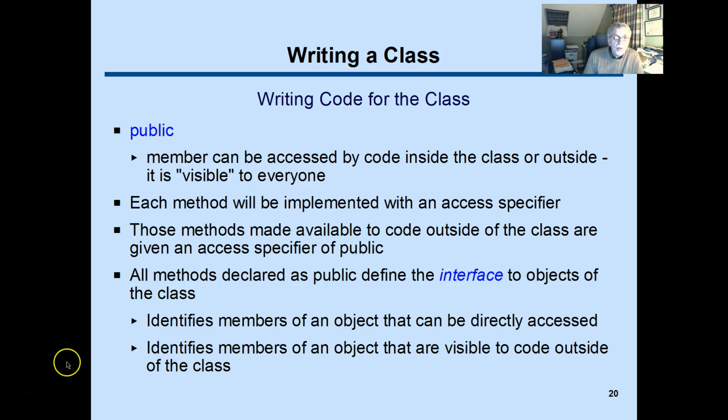So writing the code for the class. Here's again the public versus the private we talked about. And each method will be implemented with an access specifier, and typically the methods are going to have public visibility or public access specifier. And those that are public are accessible to us from code outside the object. They define, again, what is referred to as the interface to the object.